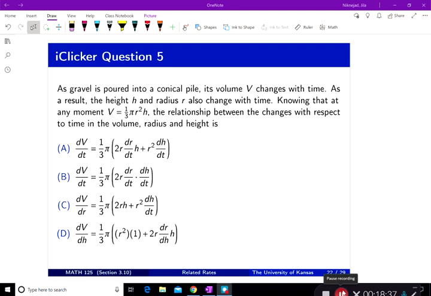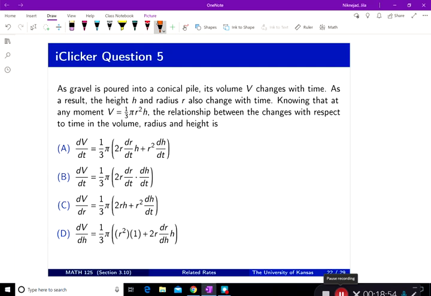Now it's time to do section 3.10. I click at question 5. As gravel is poured in a conical pile, its volume V changes with time.